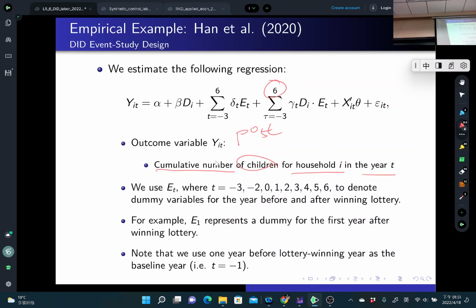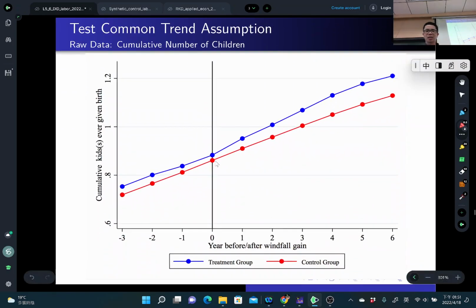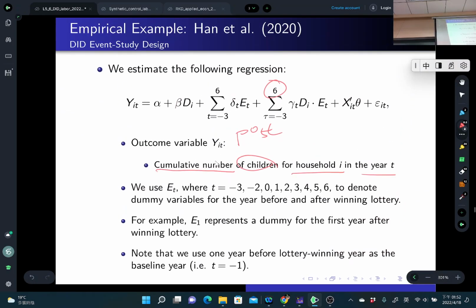And you should expect the gamma, you want to focus on the gamma, this coefficient. You will expect gamma -3, gamma -2 to be around 0.